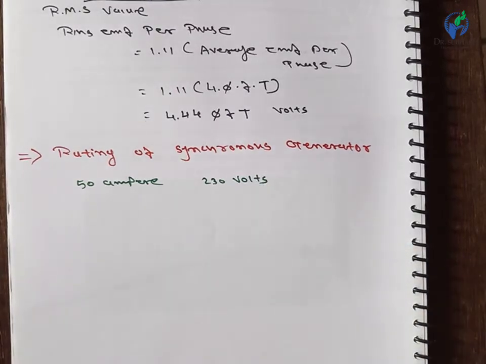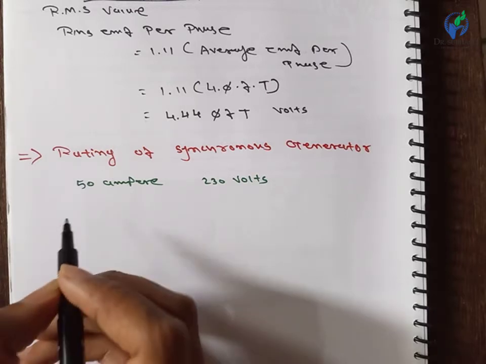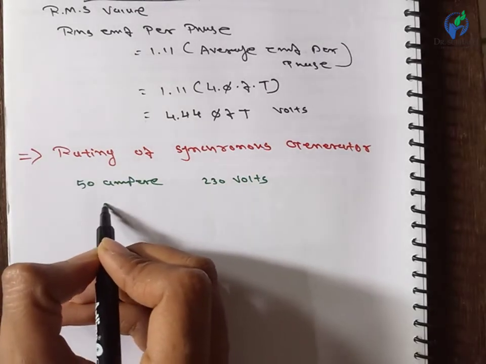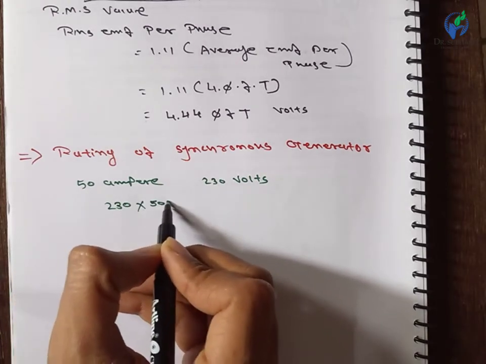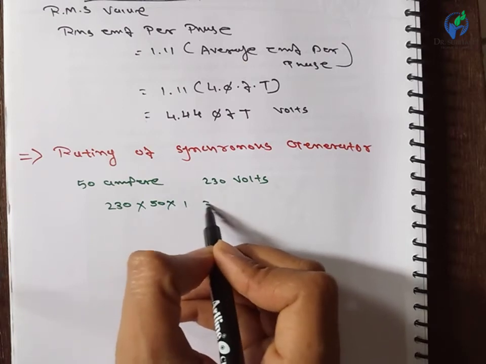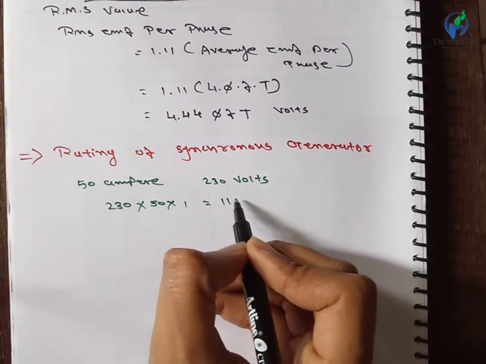Suppose it delivers the rated current for three types of load: unity power factor, 0.8 power factor lagging, and 0.9 power factor lagging. The output of this alternator for this load will be 230 into 50 into 1, so it is 11.5 kVA.